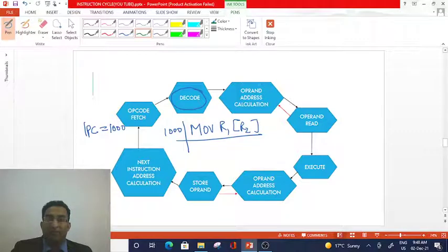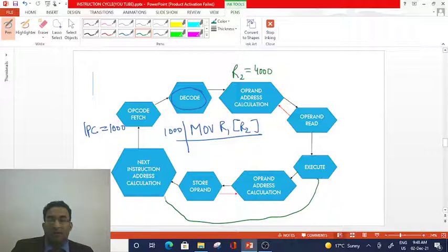So the operand address is now calculated, which means 4000 will be taken from R2, and with this value of R2 we reach location 4000 in memory, where the operand will be read and execution will take place. After the execution, the instruction address will be incremented, that is PC becomes PC plus 1, 1001.